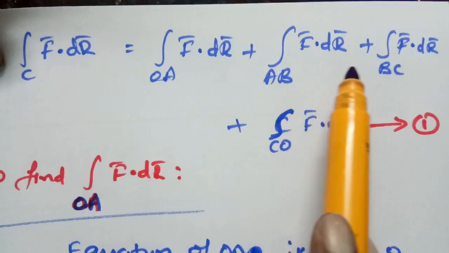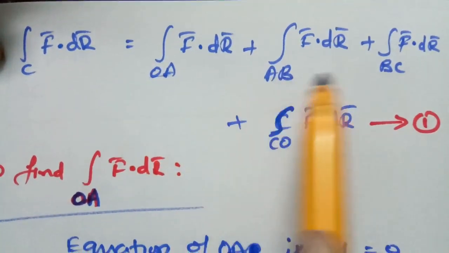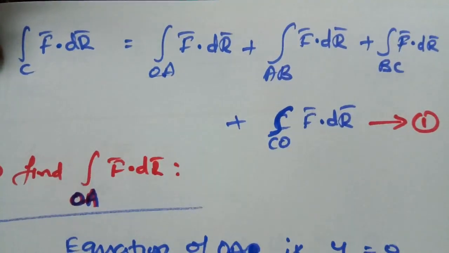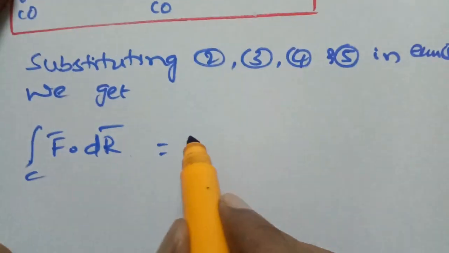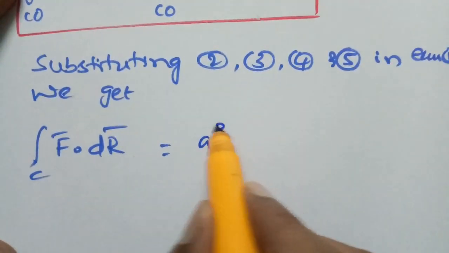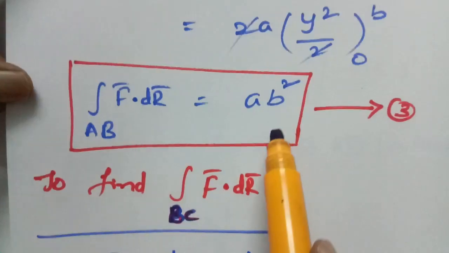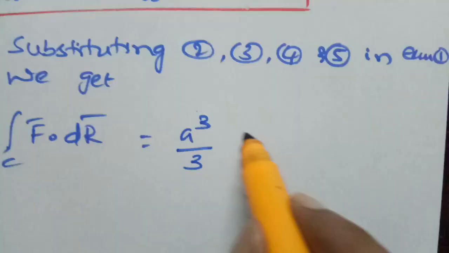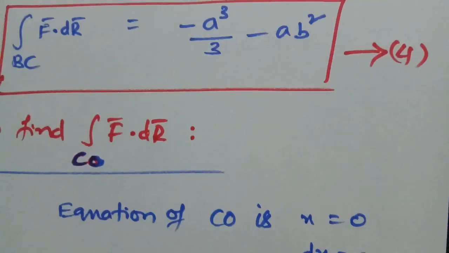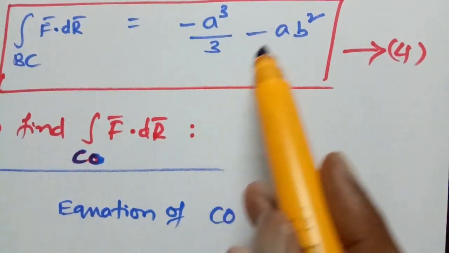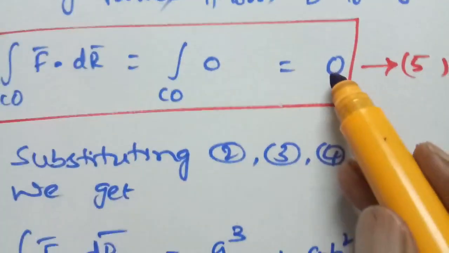So we substitute all these values from 2, 3, 4, 5. Equation 2 gives a cube by 3, equation 3 gives ab square, equation 4 gives minus a cube by 3 minus ab square, and equation 5 is 0.